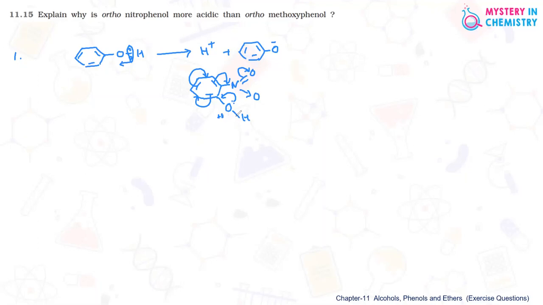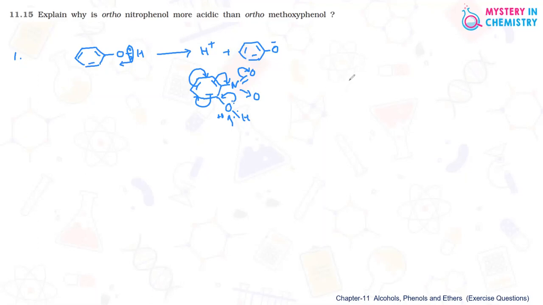When it is positive, the bonding pair goes towards it, making the hydrogen easy to remove in the form of a proton. So any electron withdrawing group is taking electrons out from the oxygen.